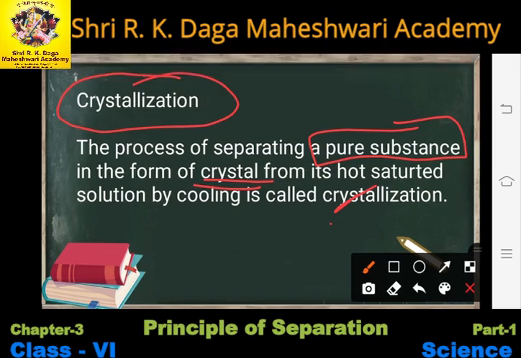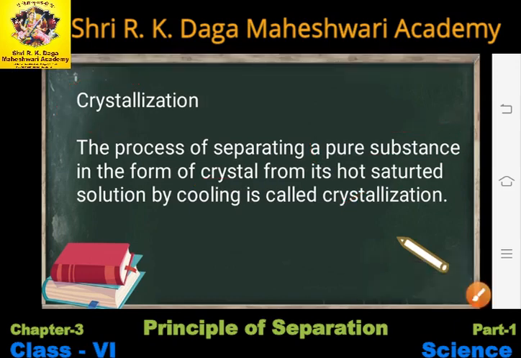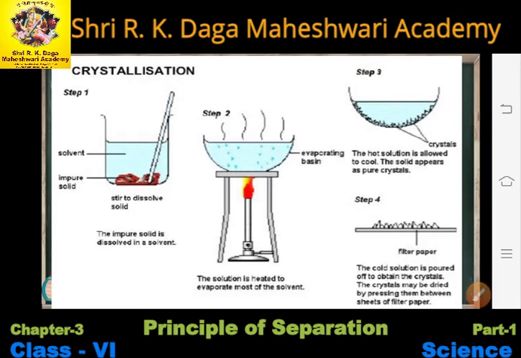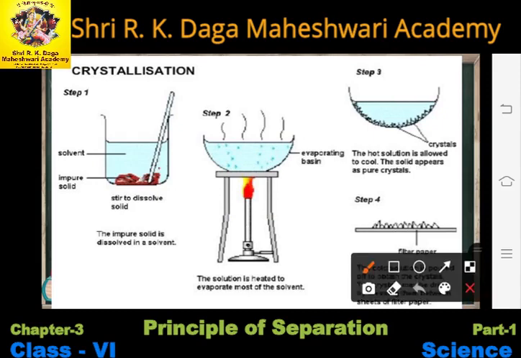Okay, now what do we do in this method? We will see. Students, as you can see in the diagram, here a solution is made by adding the solid to the solvent, right? So that we get the solution. Now if we heat this solution, then what will happen?